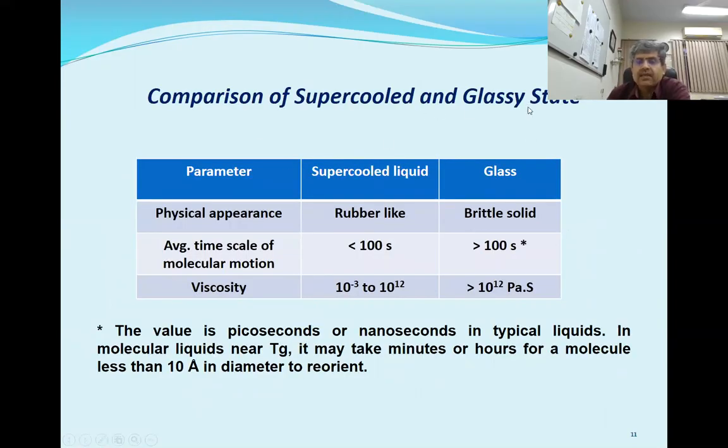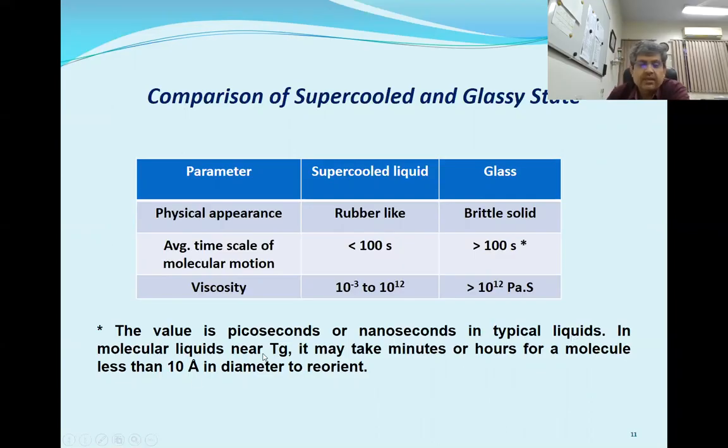Comparison of the supercooled and the glassy state for the same material. In terms of physical appearance, the supercooled state looks like a rubber, whereas a glass looks like a brittle solid. Average time scale of molecular motion is less than 100 seconds in this case, and greater than 100 seconds in this case. And there is an asterisk mark which says that the value is picoseconds or nanoseconds in typical liquids.